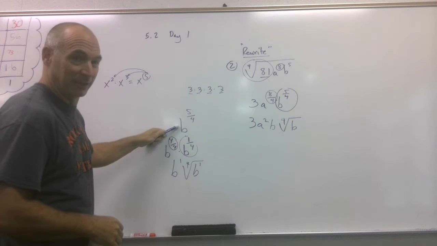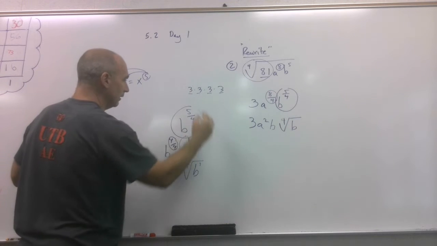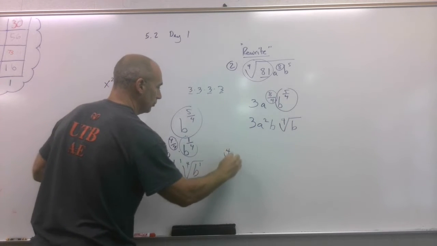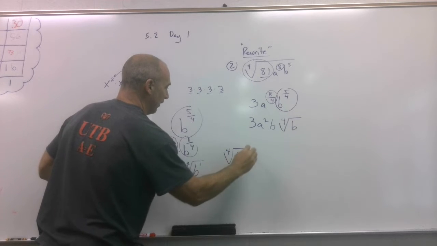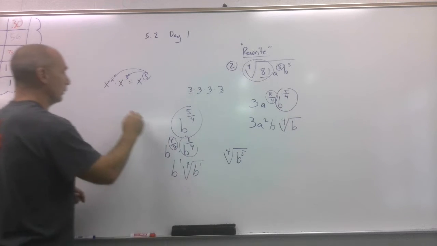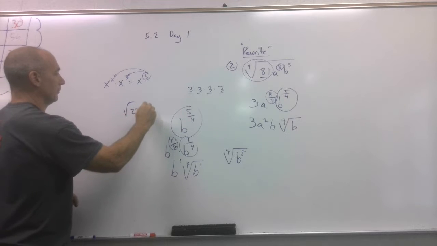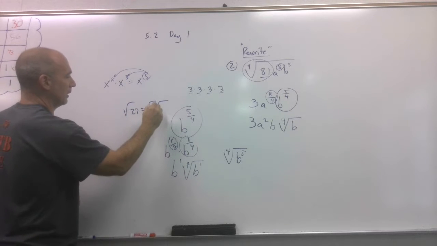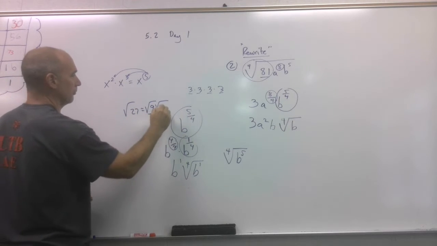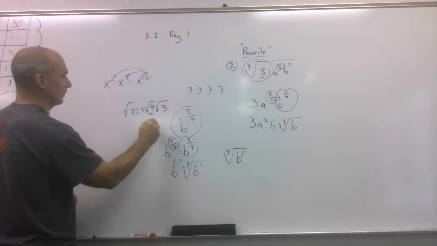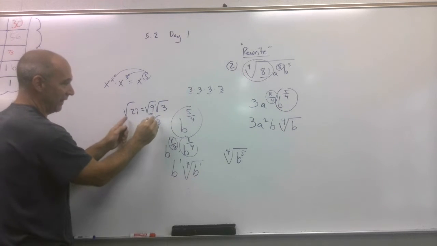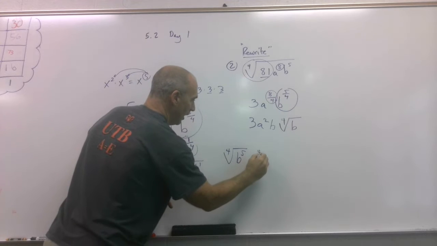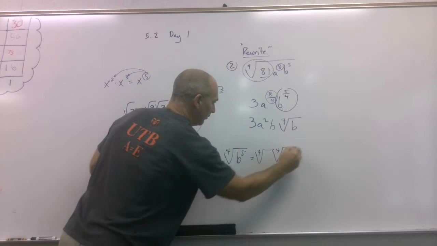The other way to look at this would be to go, okay, that's the fourth root of b to the 5th. Now remember, when we do the square root of 27 and problems like that, we break off the largest perfect square root and then whatever's left, which is 3 square root of 3. If we think like that, I could break this up into 2 pieces.